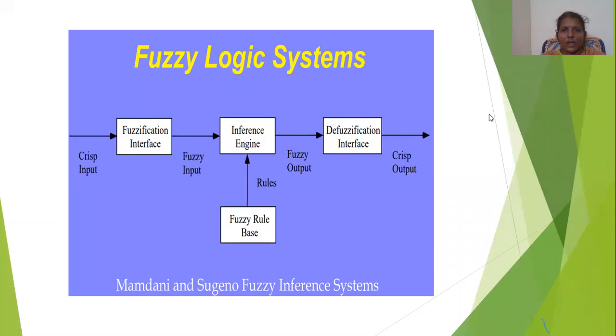But in order to perform these fuzzy logic operations, we make use of fuzzification and defuzzification. The main components in fuzzy logic systems are the fuzzification interface, inference engine, defuzzification interface, and fuzzy rule base.